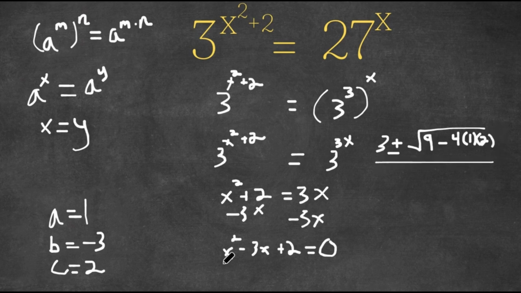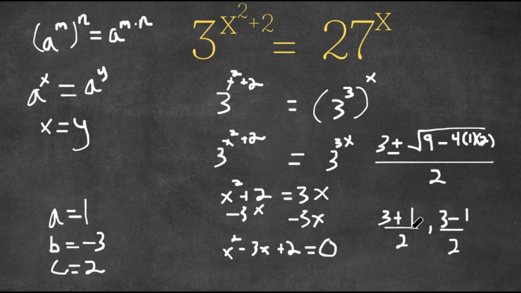And we are dividing this by 2 times 1, which is simply 2. Now, 9 minus 4 times 2 is 8, so we have 3 plus the square root of 1, which is simply 1, over 2, and we also have 3 minus 1 over 2.